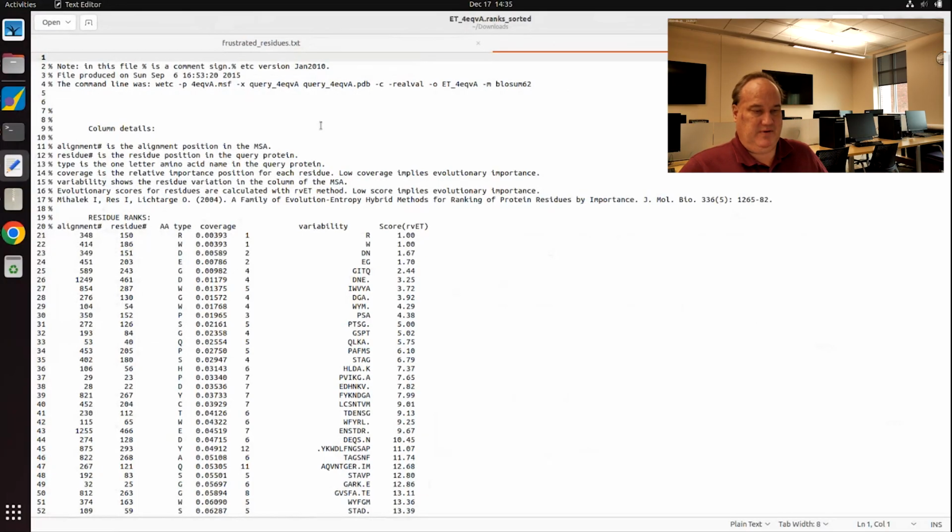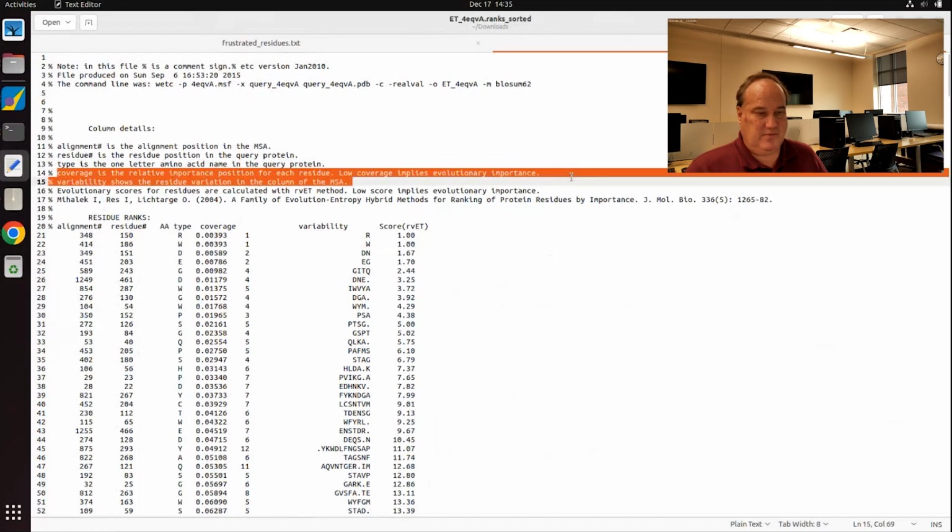Now I don't have a program that's going to interpret this, but let's just look at what this data shows us. Here's the alignment number. Here's the residue number in the protein, the same residue number that we looked at with frustration. This first one is an arginine. The second one is a tryptophan. The coverage is the relative importance position of each residue, and low coverage implies evolutionary importance, so we want this to be low.